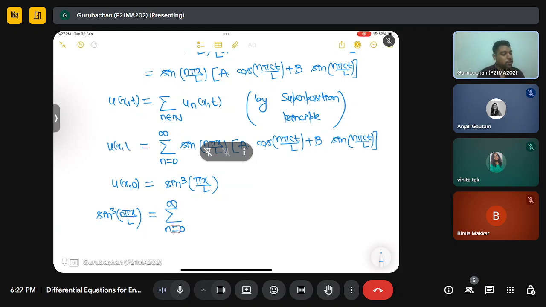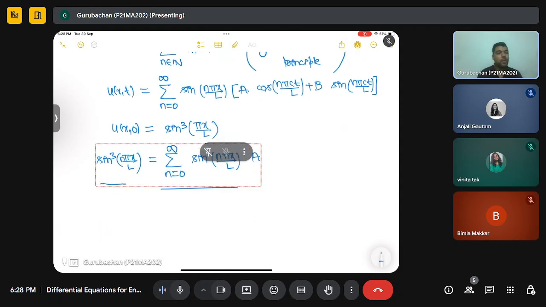So this will give you sin(n pi x/L) times a_n, because cos 0 is 1 and sin 0 is 0. Now this is a term and this is a series. We cannot directly compare these things.